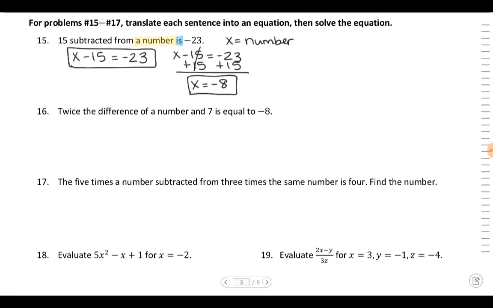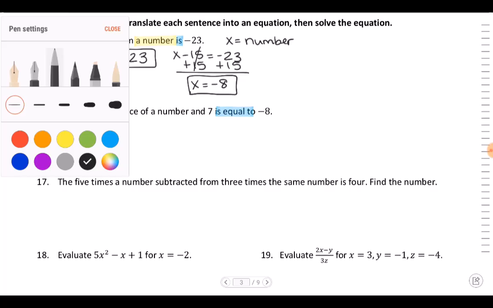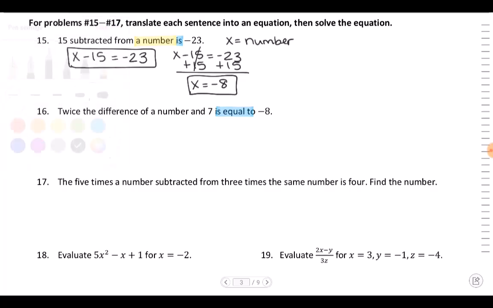Okay. Number 16 says twice the difference of a number and 7 is equal to negative 8. Okay, so my equals word is equal to, and then my number here, which is a number, that's that part. Twice the difference.